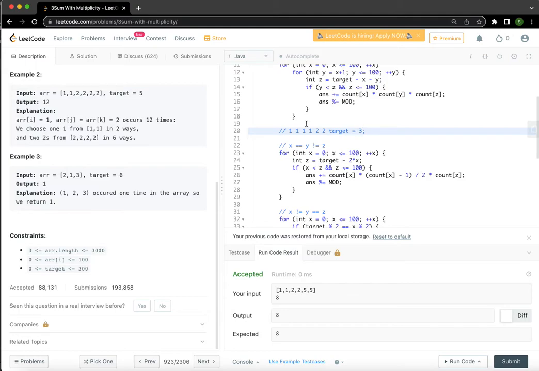All it is saying is that the x here is 1, y here is 1, and z here is 2. So in this case, how are we going to calculate the sum? We know that count of 1 is 4, and count of 2 is just 2.